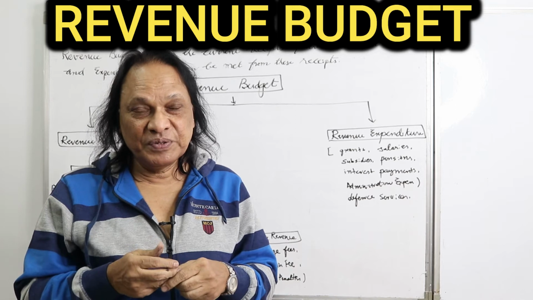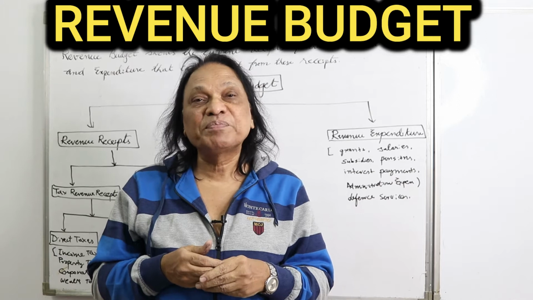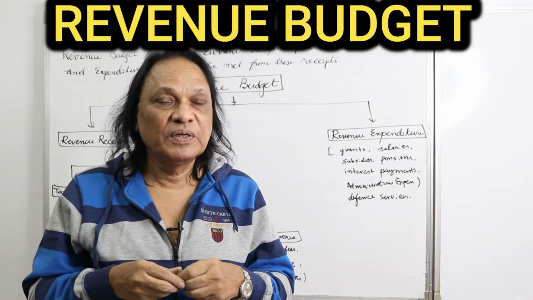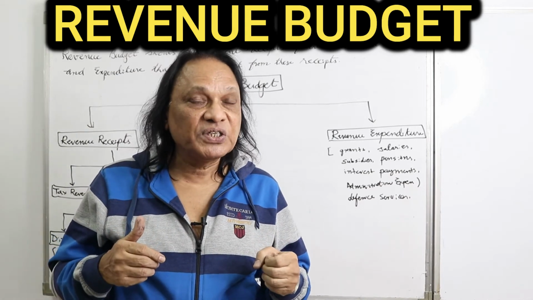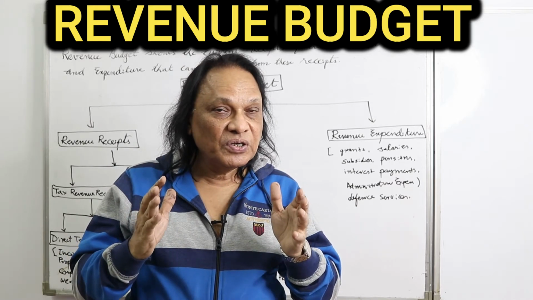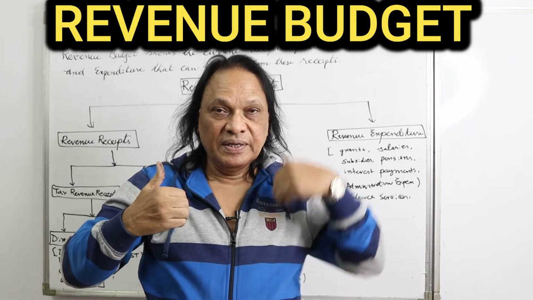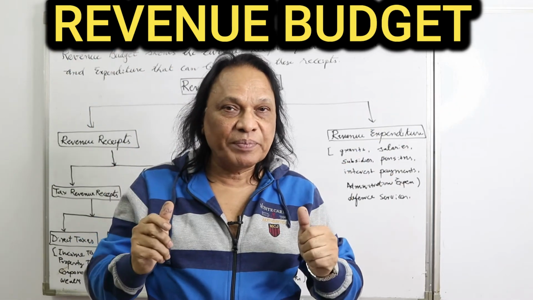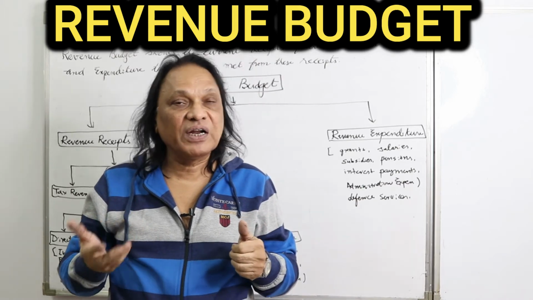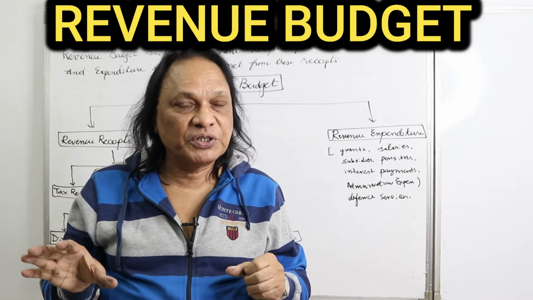Last class, we discussed the government budget and its objectives. What exactly is the government budget? It's a systematic statement showing estimated receipts and expenditure of the government over a fiscal year or financial year, accounting year, running from 1st April to 31st March.